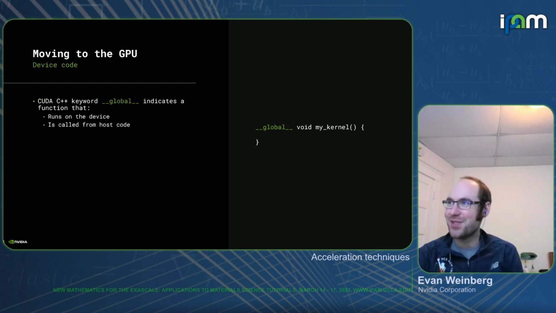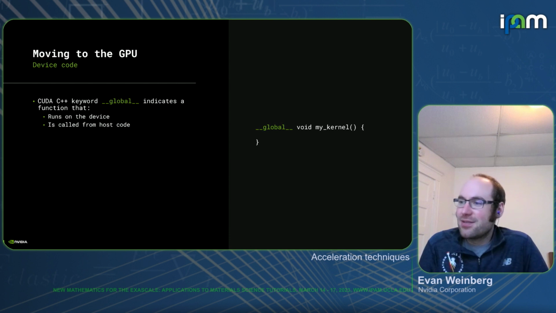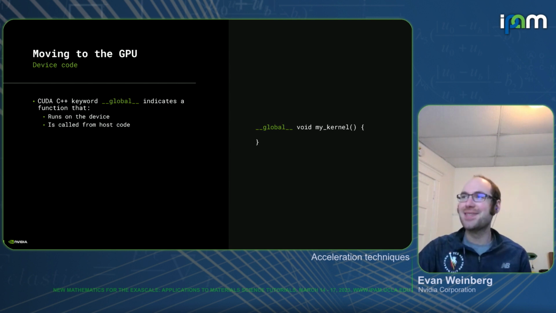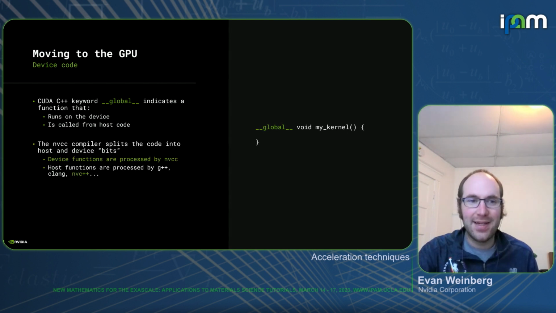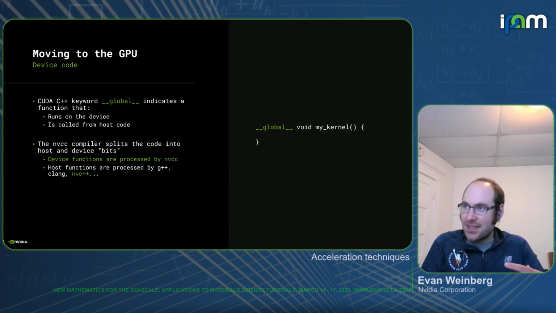So what does it mean to move your code to the GPU? Well, you write a function. Everyone loves writing functions. And you stick this special keyword on it, underscore underscore global underscore underscore. And that tells your compiler, cool, device GPU function. Then your compiler, in the case of CUDA and the NVIDIA platform, is called NVCC, which will process the device functions and then make the host compiler do the rest.